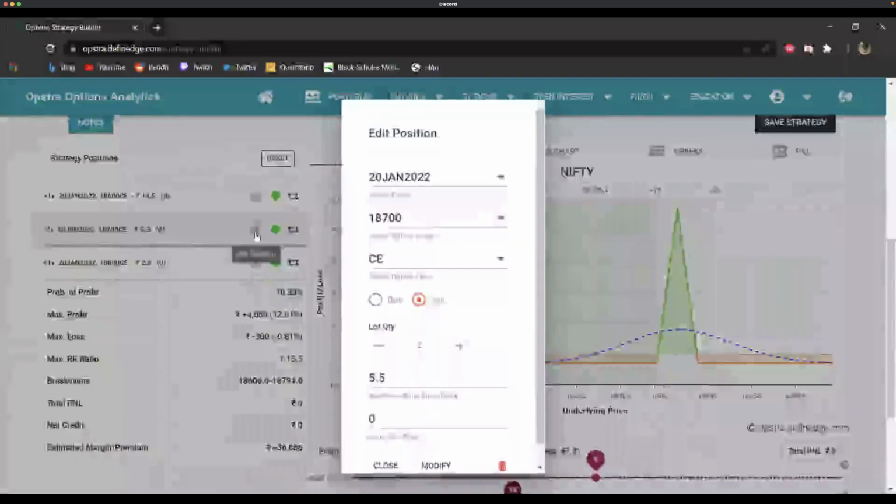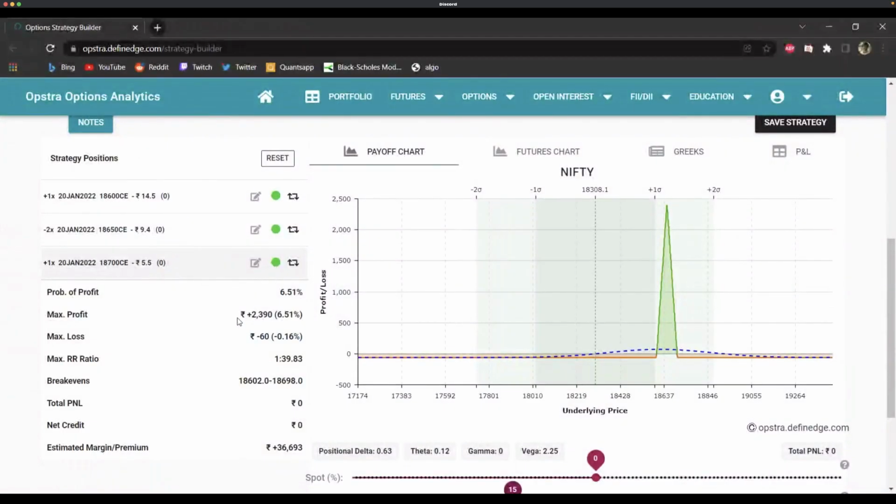If you do it with a 50-point butterfly, you lose very less amount of money. You'll make a lot of money. Your risk reward will be great, but you look at your profit range. Okay, it's from 600 to 650 only.